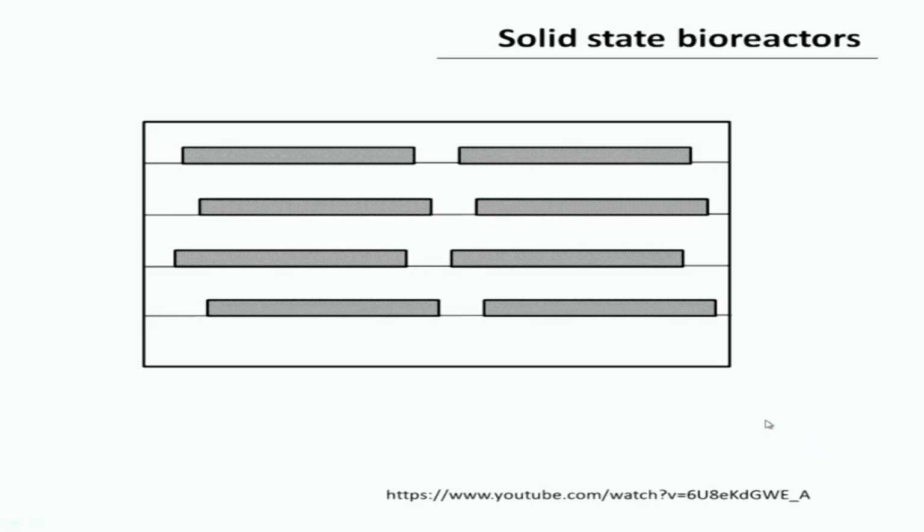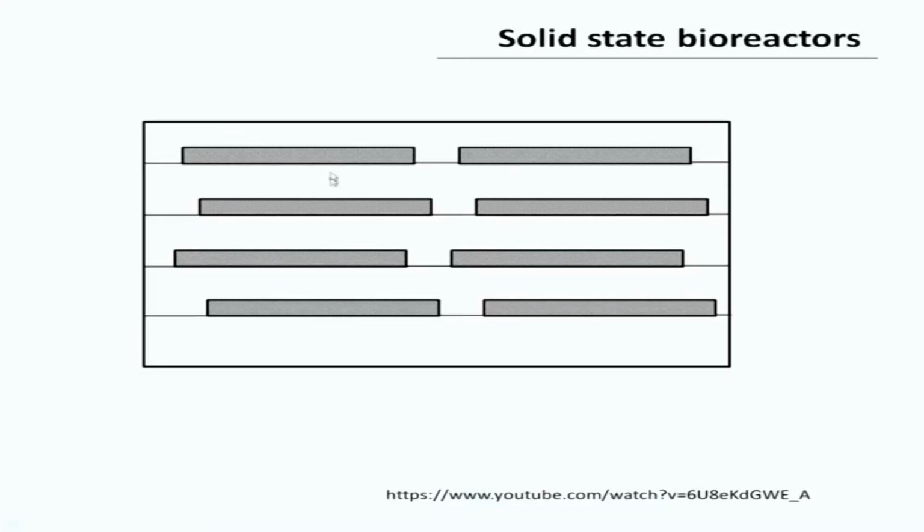Another type of bioreactor is called the solid state bioreactor. As the name indicates, there is typically no liquid here, it is all solid, and this can be used for producing useful substances, say enzymes and so on, from natural substances which are solids, or which could be chopped down and placed in trays in a large enclosure.